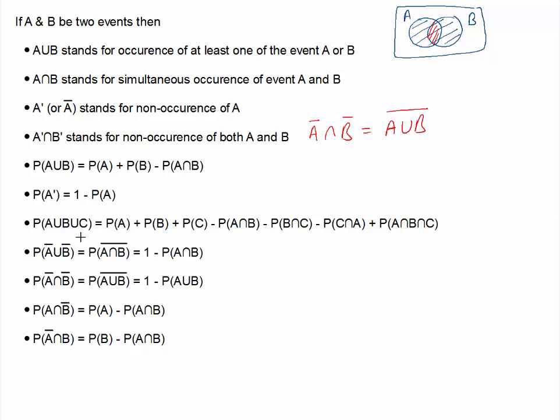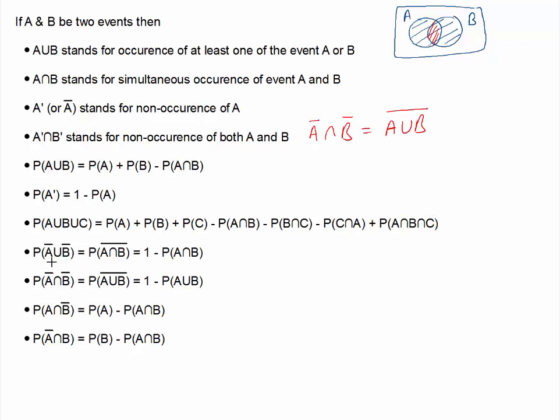Next is probability of A union B union C equals probability of A plus probability of B plus probability of C minus probability of A intersection B minus probability of B intersection C minus probability of C intersection A plus probability of A intersection B intersection C. All of this is coming from set theory.